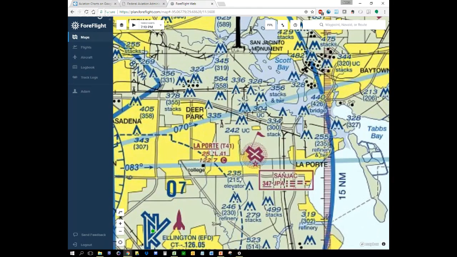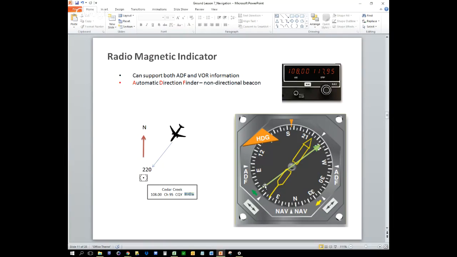Yeah. So that's a non-directional beacon. And you tune your automatic direction finder to 347, which is the frequency. And that gauge, that green arrow, will point in the direction of the station, and you turn your aircraft in that direction. It's that simple.